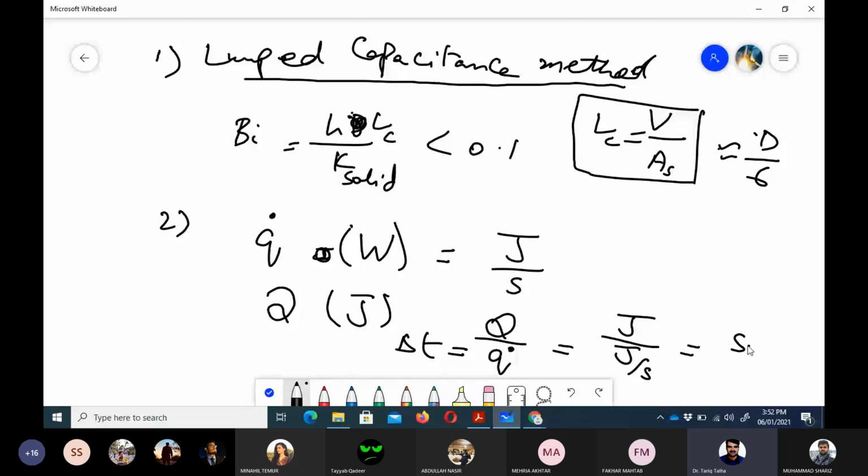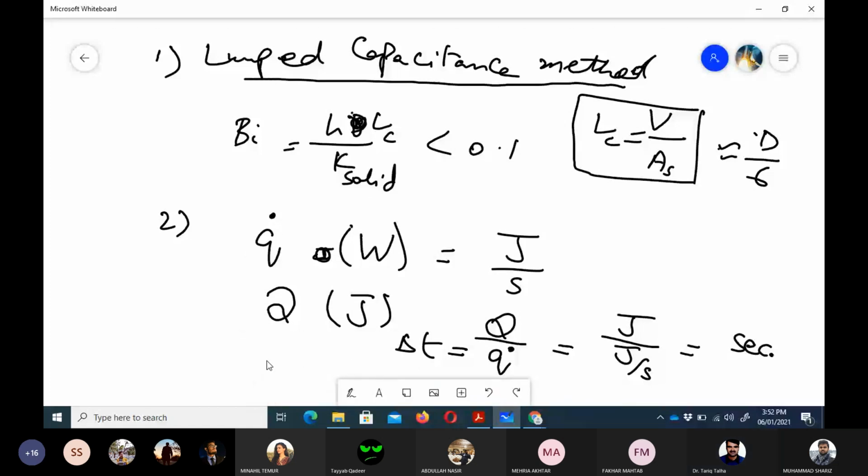So one way of doing it was the Biot number, which I told you. If it is less than 0.1, then we need the value of k of solid, and we can get that from any table. But because in the exam you may not have those tables, for exam purposes we can use this second method.